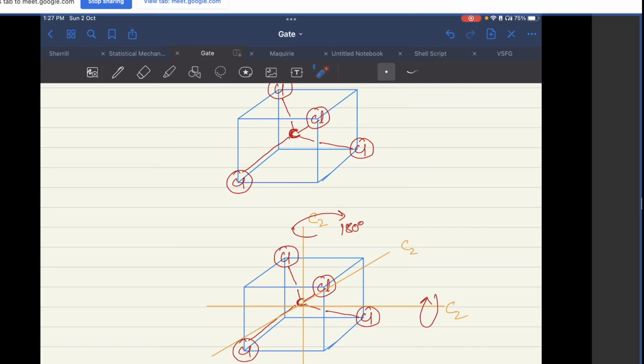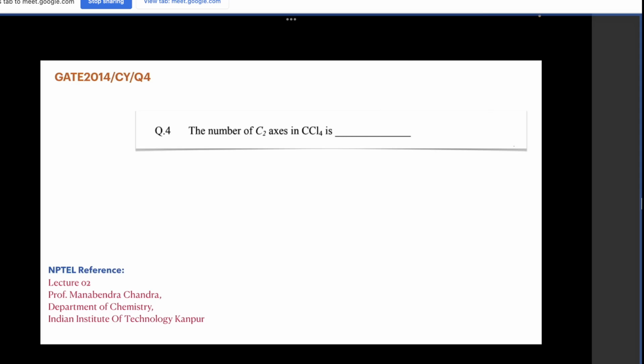This Cl will come here, and this Cl will come here, and the same for these two. So in total, we have 3 C2 axes.